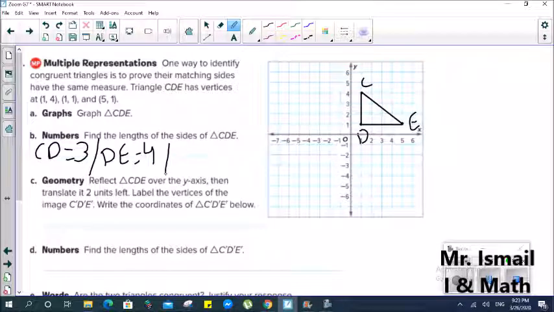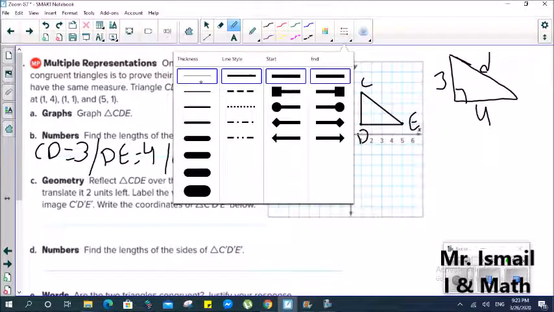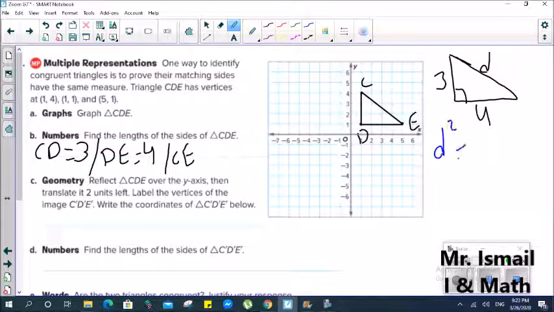I want to find now CE. This triangle, this 3, this 4, and this is the right triangle, right? And this, let's name it D. If you remember, the Pythagorean theorem says that D power 2, hypotenuse power 2, equals 3 power 2 plus 4 power 2.